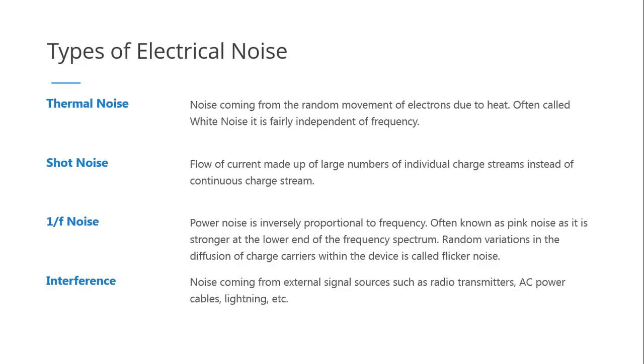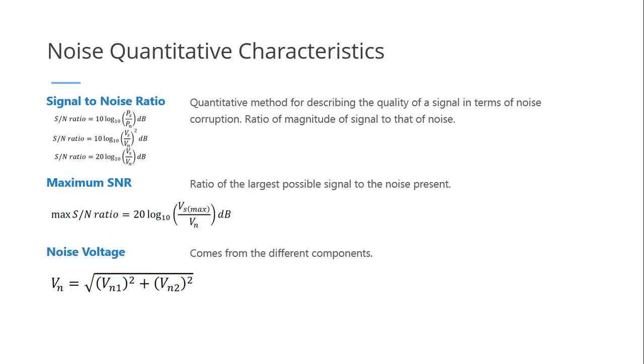Now, of course, if we want to determine the effect of noise in the system and in the signal, we have to be able to quantitatively measure and compare these types of noise. The three most common quantitative characteristics used to measure or determine noise are the following. So we have the signal to noise ratio, or S over N, which is technically the ratio of the signal power over the noise power.